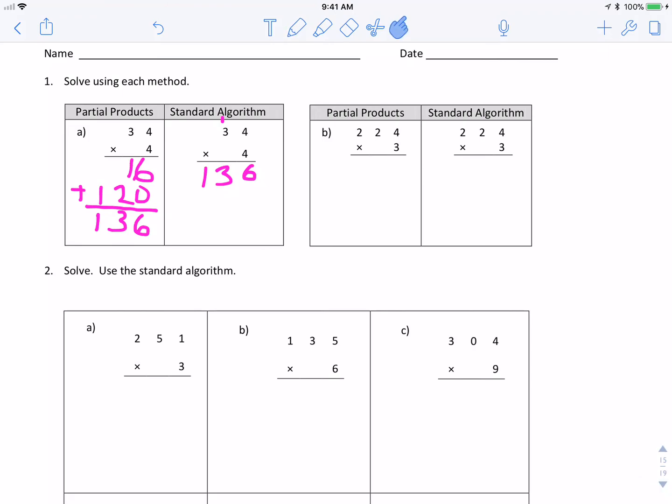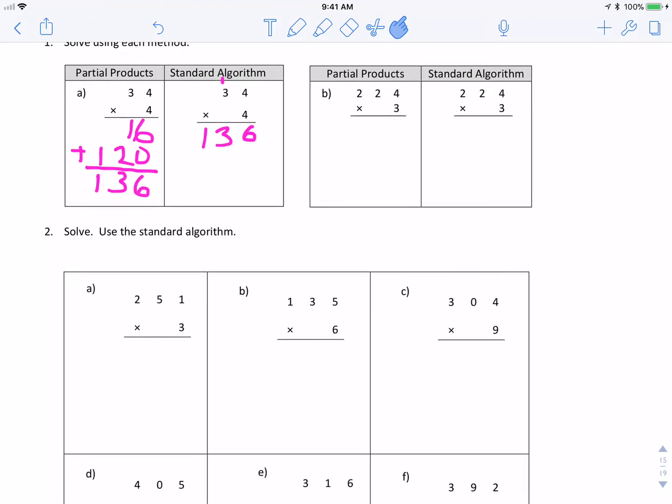B. Let's try a couple of these together. So, using standard algorithm, 3 times 1 is 3. Carry the 1. Do I carry the 1? No, I don't have a 1 to carry, do I? Well, I'm struggling here. Okay, 3 times 5 is 15.